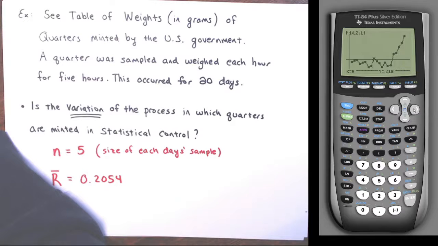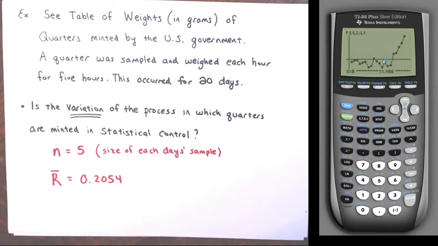The first 8 days' ranges were below this average range, this R bar, below 0.2054. So even there, I'm seeing another condition where I would say that this process is out of control. It's not stable. The variation in this process is not stable. So lots of things tell me that this is unstable.